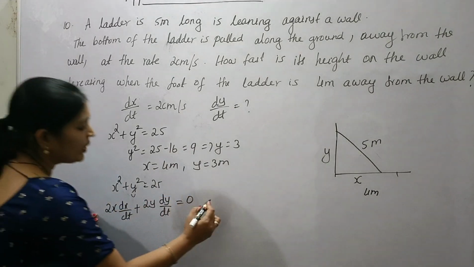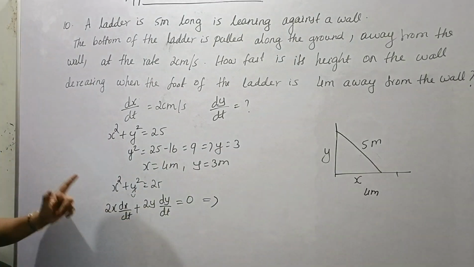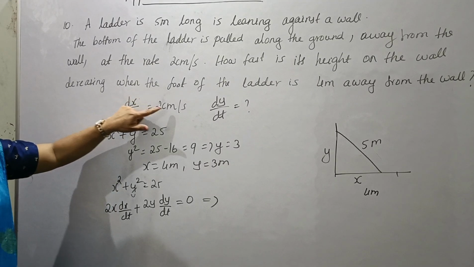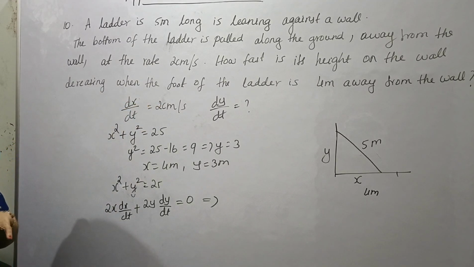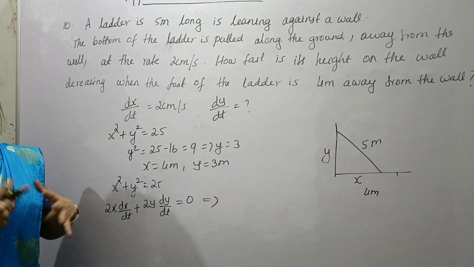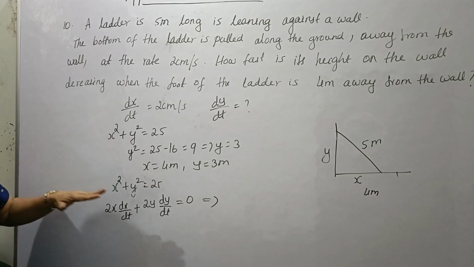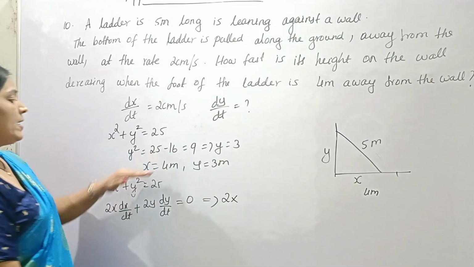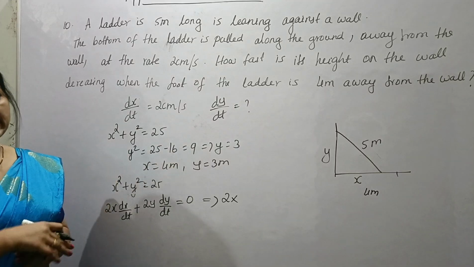Okay. Now, here you should be careful. See, 2 into x, our dx by dt is in centimeter. You should be careful about this unit also. Otherwise your answer will be wrong. So here 2 into x, let's convert this meter to centimeter.